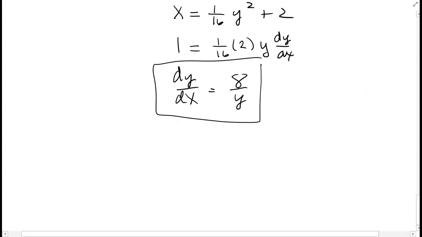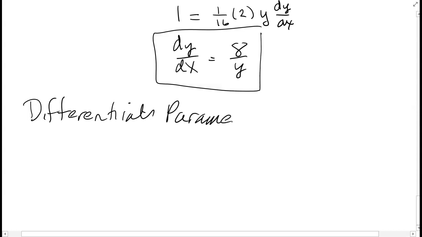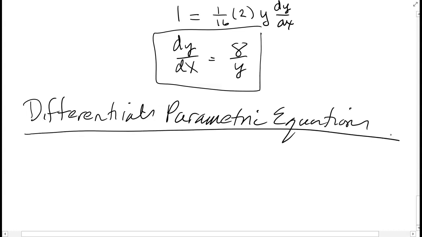So what we need is a way to differentiate our parametric equations. And that's all we're going to do in Calc 2, is differentiate those parametrics. I'm going to save integrating parametrics for Calc 3.